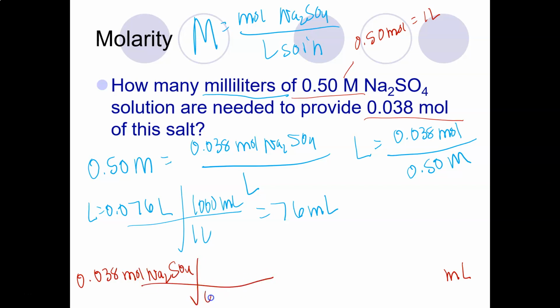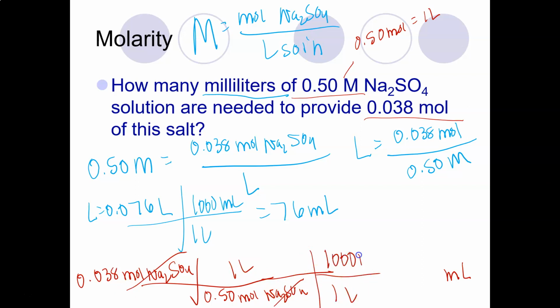And then I'm going to use my molarity to convert 0.50 moles of Na2SO4 into 1 liter, which is awesome, but I'm not done. I need to get to milliliters, so I'm going to say 1 liter to 1,000 milliliters. I'm going to grab my calculator, 0.038 divided by 0.50 times 1,000, 2 sig figs, 76.